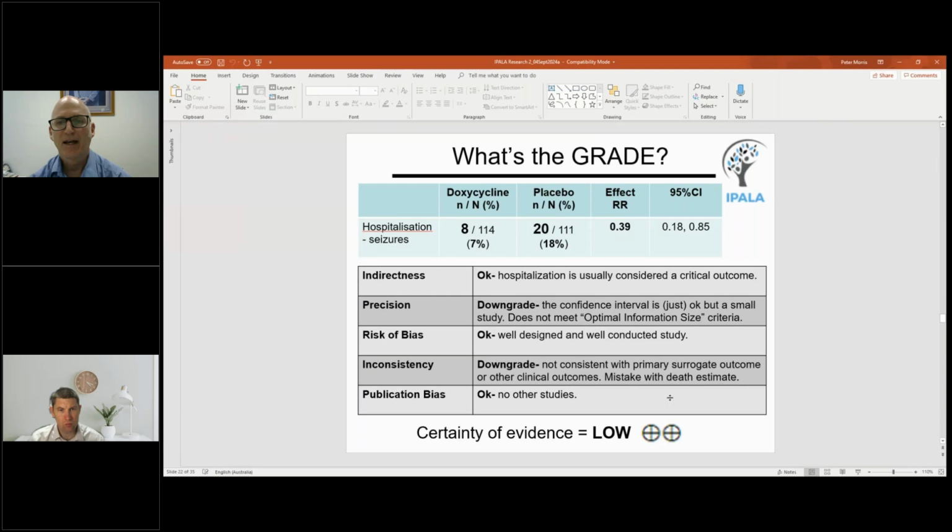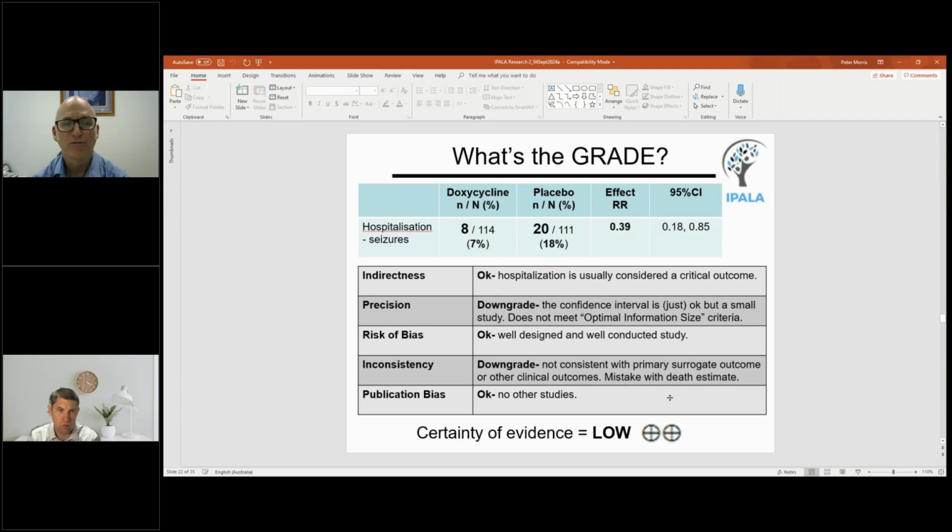And so they look at the optimal information size, and this study is much, much smaller than you would need to be confident that you have been able to identify a true benefit. It's still possible, but you need to downgrade by at least 1 level, and some people would say you could downgrade by 2 levels.